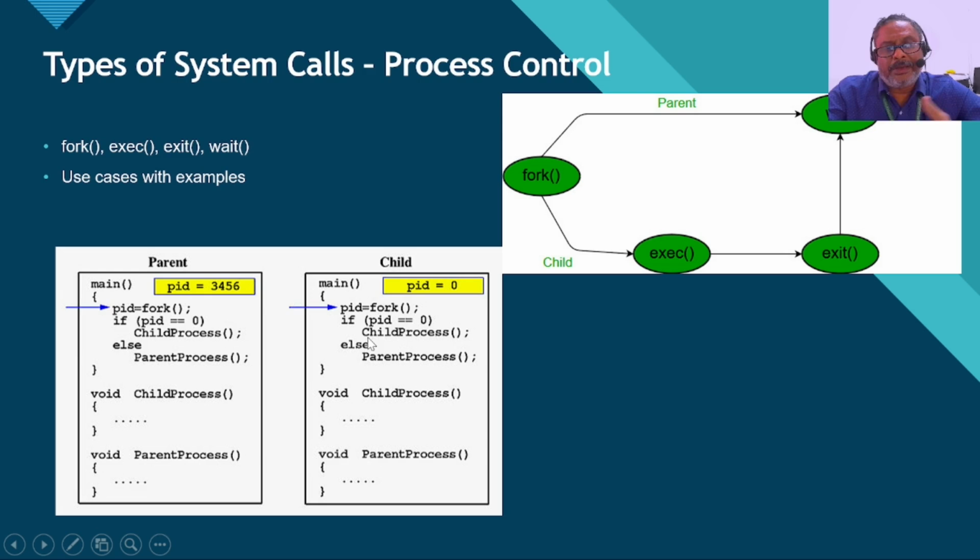But on the child side, PID will be 0 because it is a child process. Therefore it gets into the child process and the child process continues to execute.